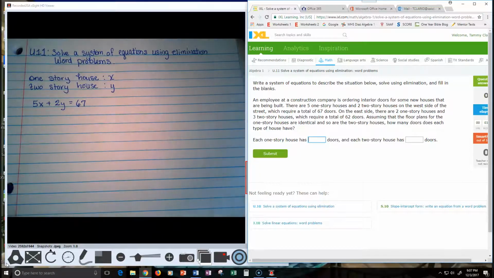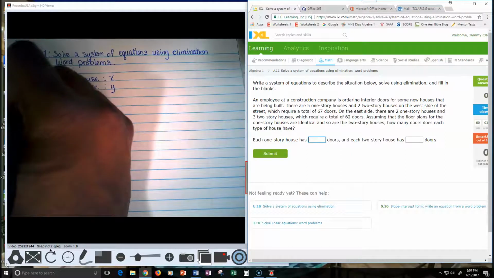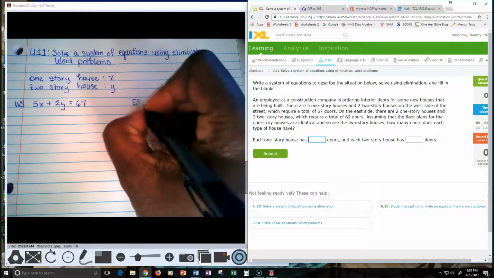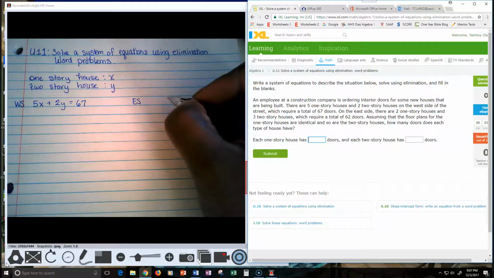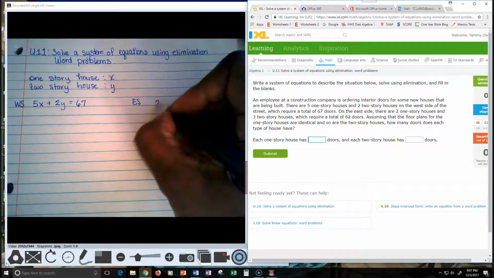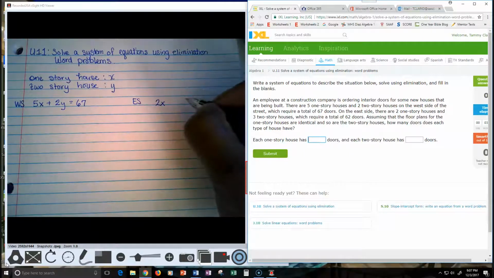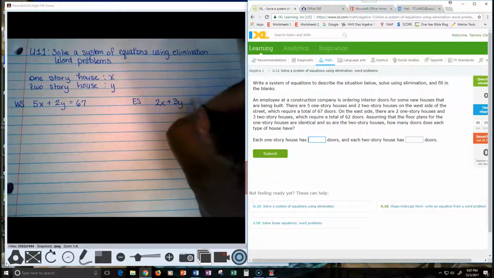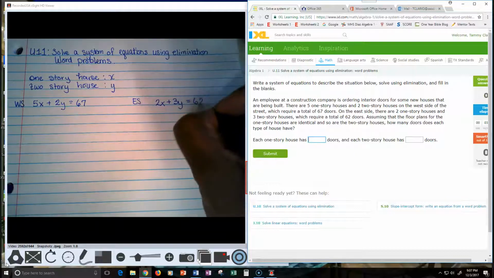Well, they're talking about the same thing on the east side. So let's say this is the west side, and then we need something for the east side. On the east side they have 2 one-story houses and 3 two-story houses, and they require 62 doors.